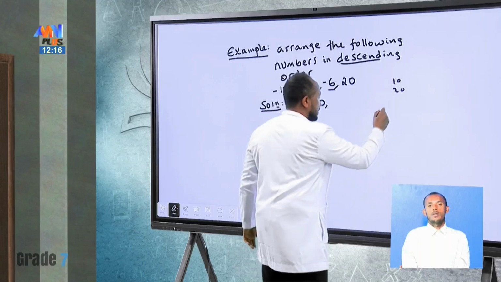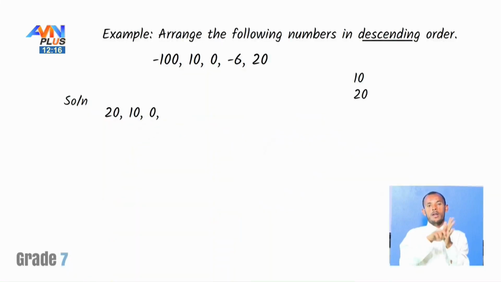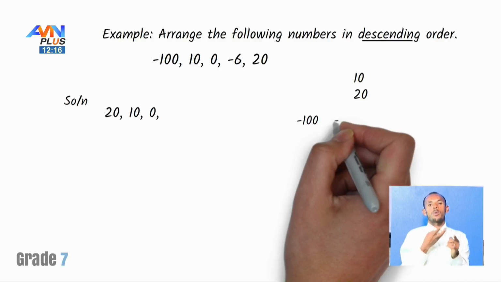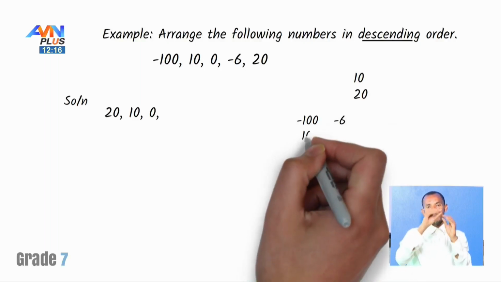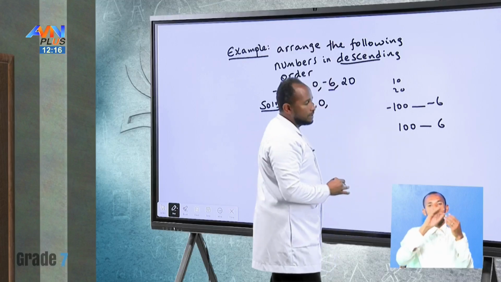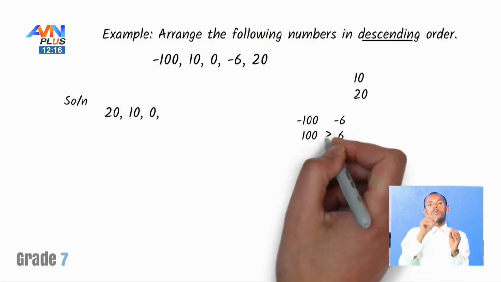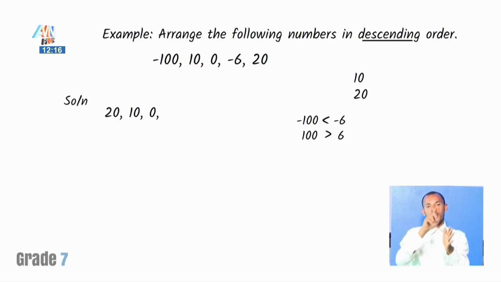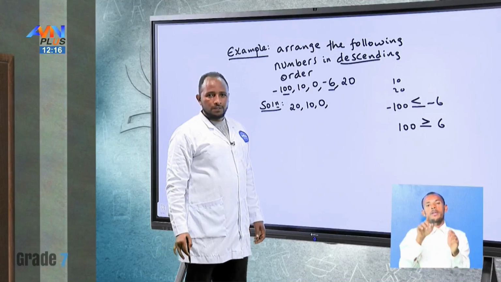So let's compare minus 100 and minus 6. When you compare two negative numbers, forget the negative sign and compare them as positive numbers. So when you compare these two, 100 is bigger, so minus 100 is smaller than negative 6.